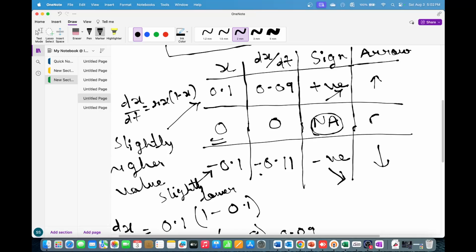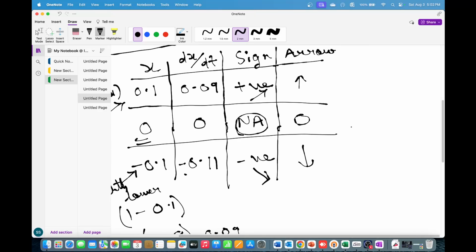So what can you say for this system? If I perturb the system slightly, if I increase its value slightly, it will move away. If I decrease its value slightly, it will move away again. So what you define is basically an unstable steady state.